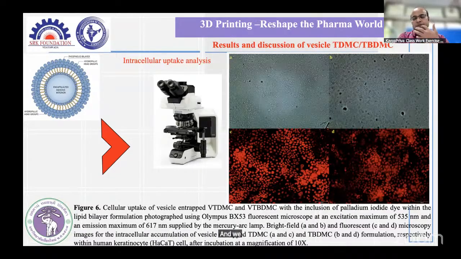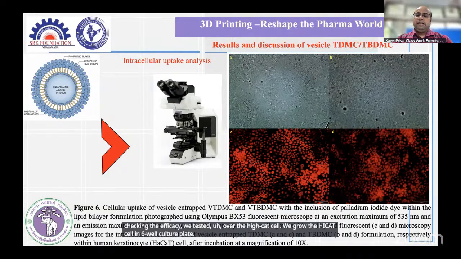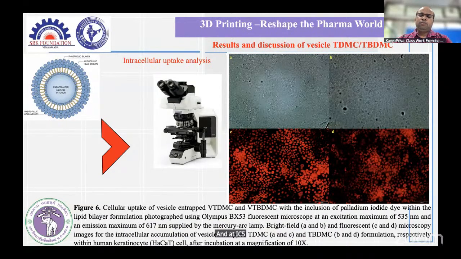And we found so when it comes to checking the efficacy, we tested over the HaCaT cell. We grew the HaCaT cells in a 6-well culture plate and at IC50. Those calculations we will be seeing later on the slide.